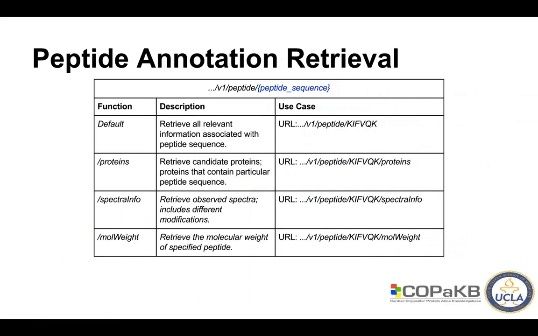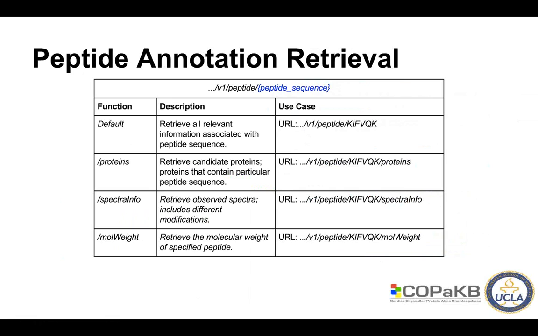The first one that I'll go over is the peptide annotation retrieval. That basically allows you to search a peptide, and it will return all the relevant spectra in our knowledge base, and also the proteins that contain that peptide.